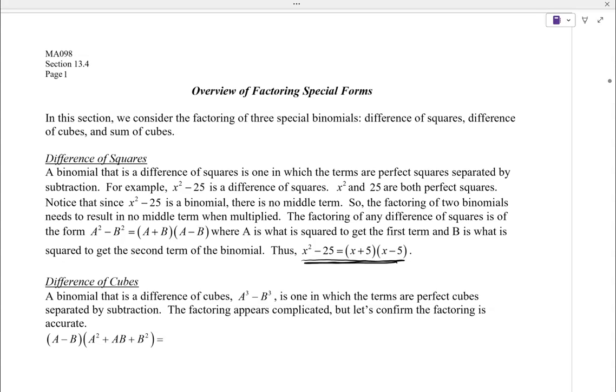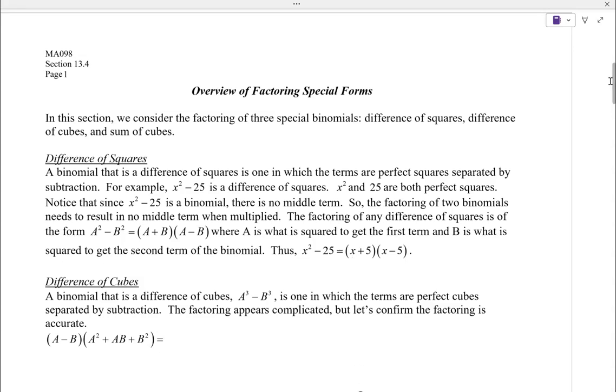Notice that we can show that these 2 things are equal by multiplying out the right-hand side. Let's just practice that. We've talked about that before. Remember, when you multiply this out, we have to make sure we distribute everything in the first polynomial to everything in the second polynomial, right?